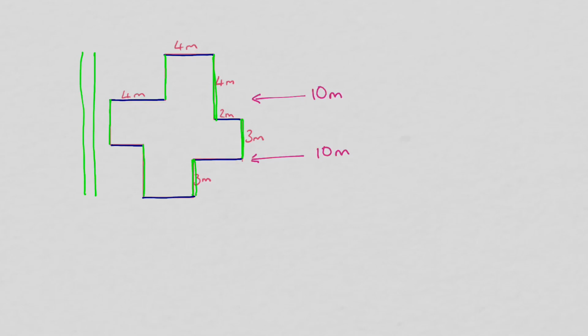And 4 add 3 makes 10. So both of these vertical lines are also a total of 10 metres. So all of those green ones add up to 10 at each side, so 20 altogether. And all of the blue ones also add up to 20 altogether because they make 10 across. So the perimeter of this whole shape is basically 4 lots of 10, so it would be 40 metres.